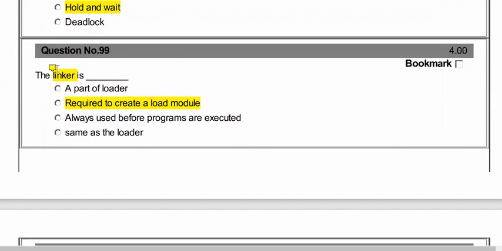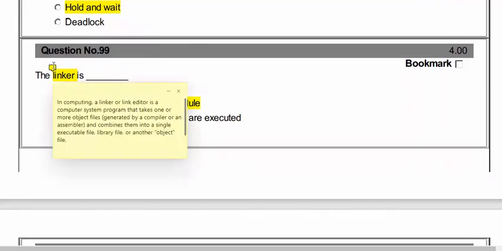The linker is required to create a load module. In computing, a linker or link editor is a computer system program that takes one or more object files that is generated by a compiler or an assembler and combines them into a single executable file, library file, or another object file.